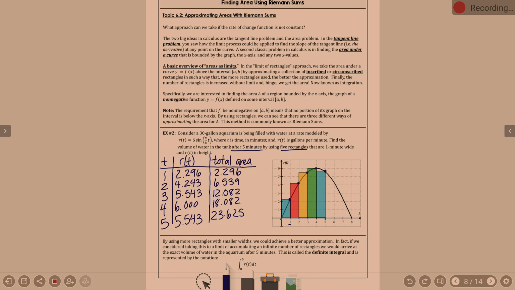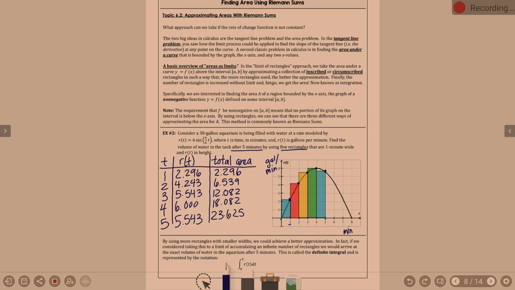Okay. Now, keeping in mind that this column was in minutes, and this R of t was in gallons per minute, what do we know? The question was, find the volume of water in the tank after 5 minutes. There's 23.625 gallons.